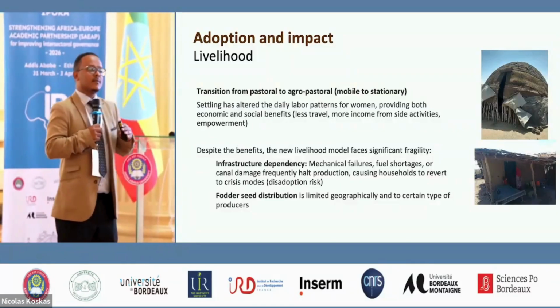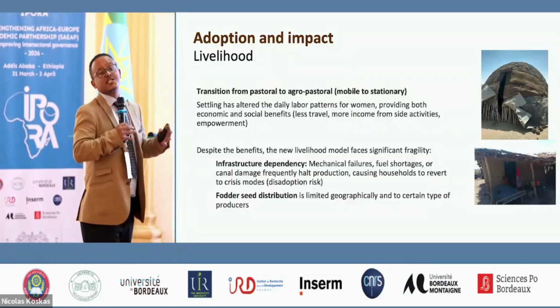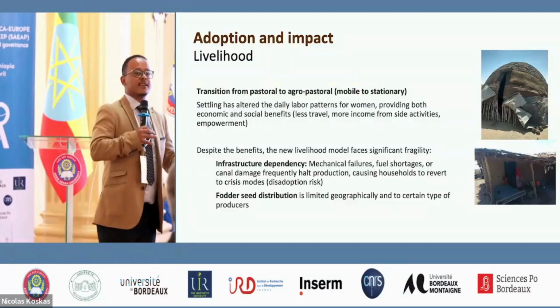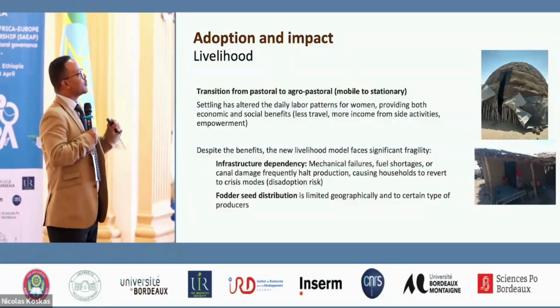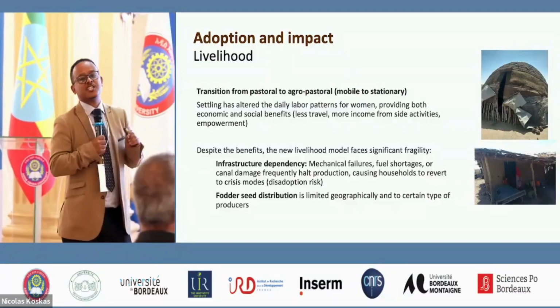But it's not always rosy, right? There are some very good things happening, but despite the benefits, the new livelihood model faces significant fragility.